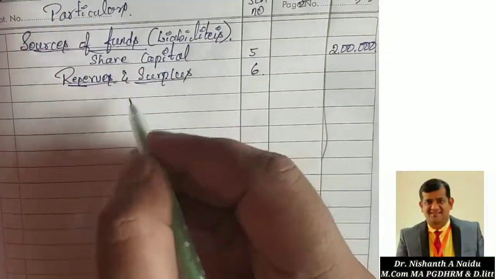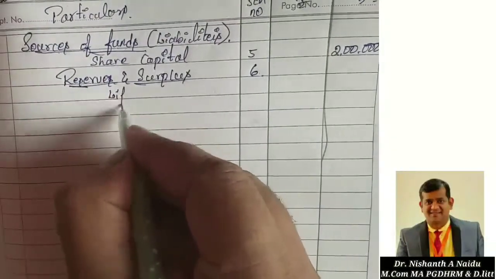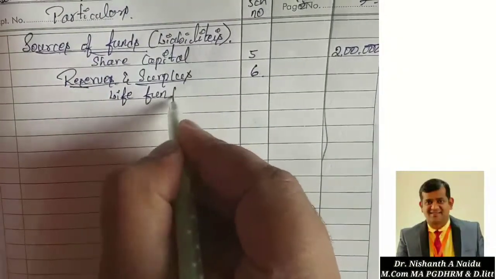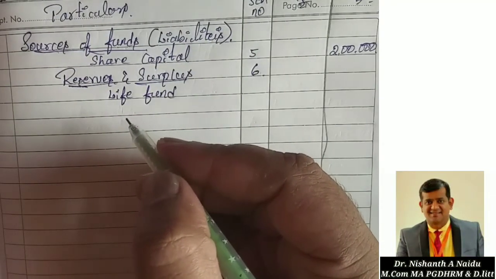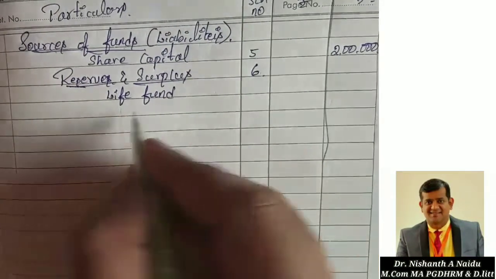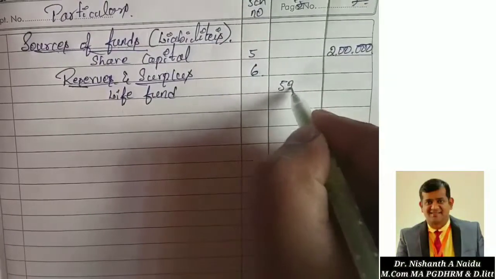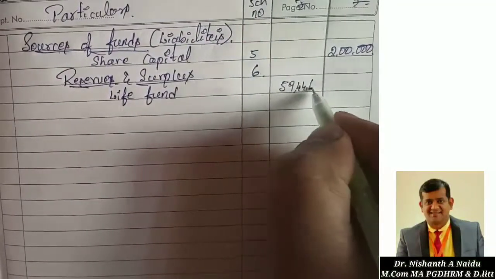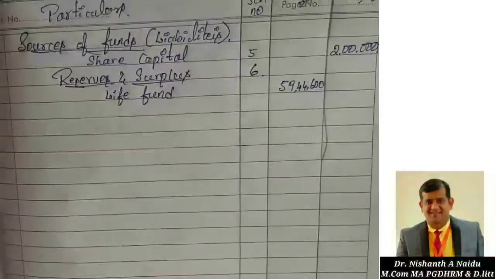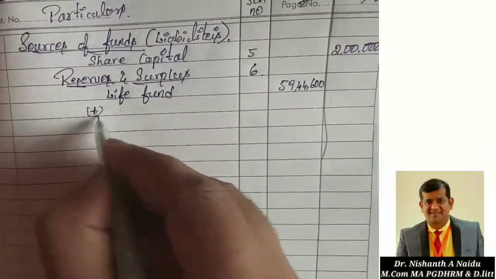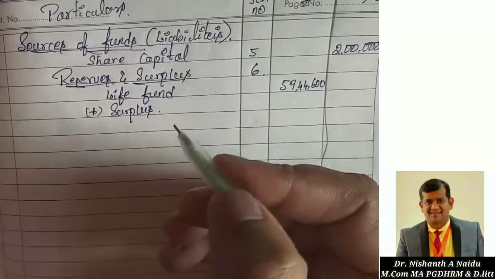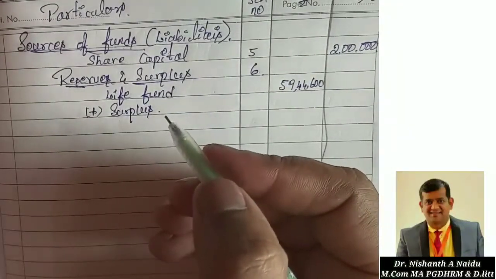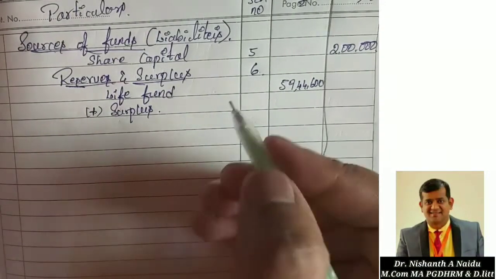Life fund as on 1/4/2007, 59 lakh 44,600. Add surplus, which we have identified by preparing the revenue account, that is 7,800 rupees, correct?